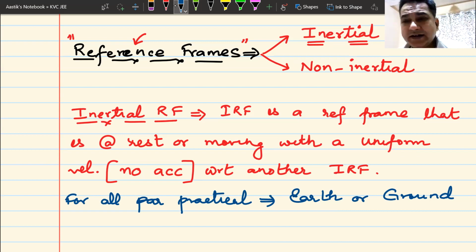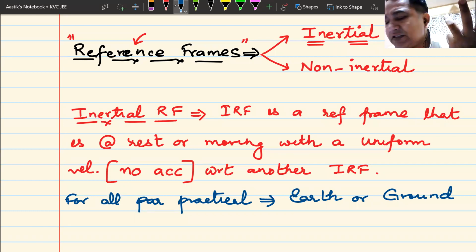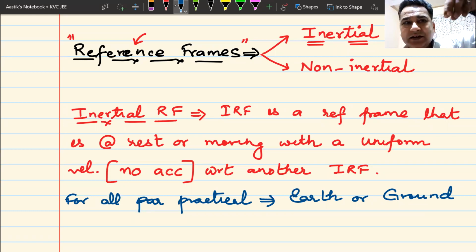Then you can assume that the sun can be an inertial reference frame, but we now also know that the sun is revolving around the center of the galaxy Milky Way. In that case, the center of the galaxy could be an inertial reference frame, but it is also rotating about the center of the universe.